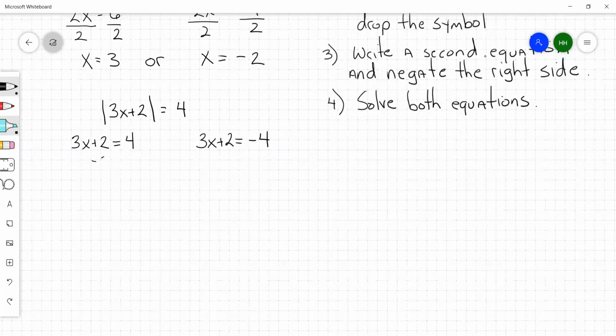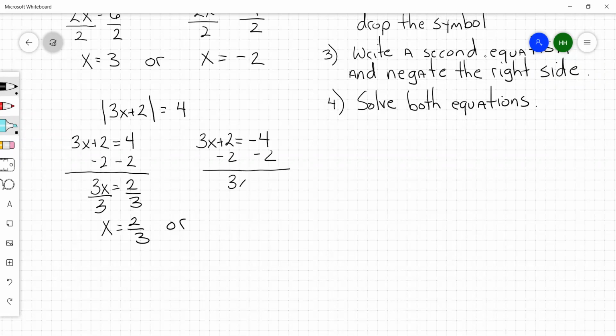Solve both equations. So we get x equals 2/3, or x is equal to negative 2. Those are your two solutions.